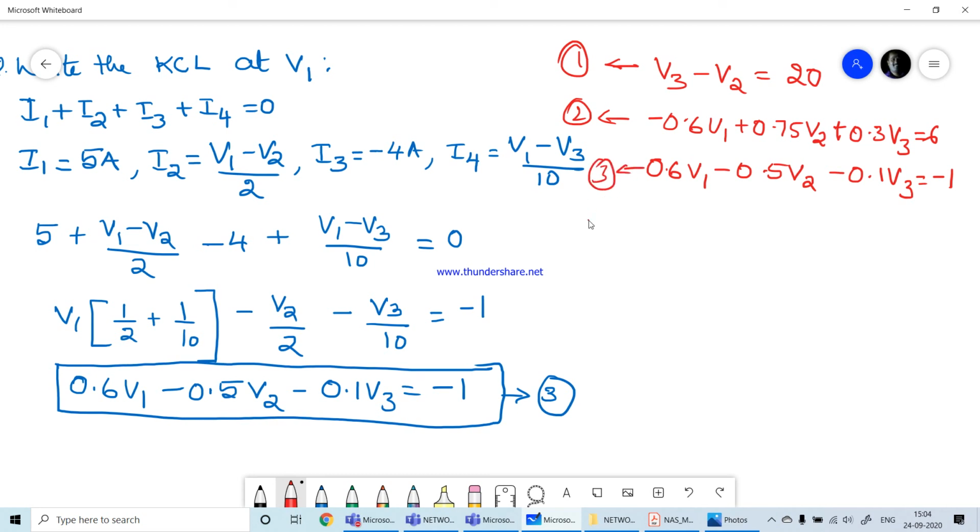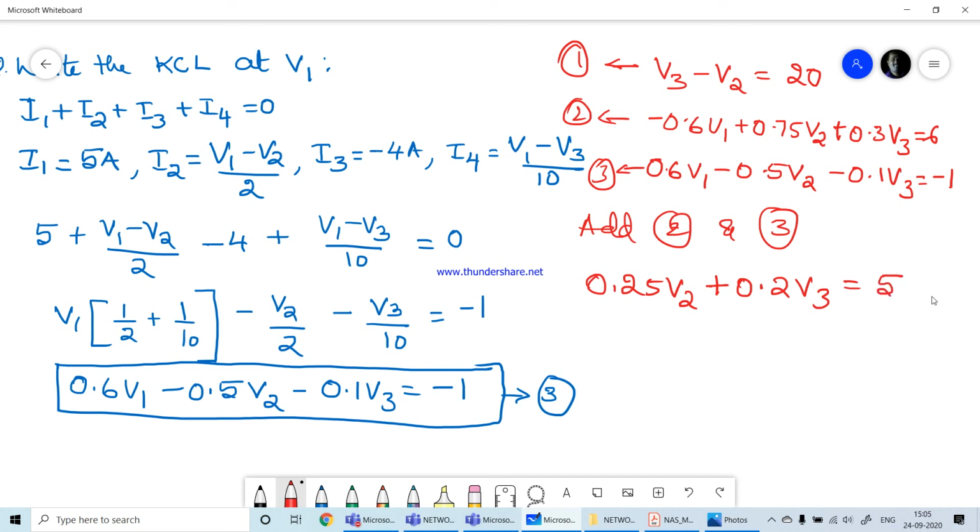If you add 2 and 3, what do we get? 0.75 minus 0.5 is 0.25 V2, 0.3 minus 0.1 is plus 0.2 V3, equals 6 minus 1, which is 5. So this will be equation 4. Now equation 1 and equation 4 are in terms of V2 and V3.